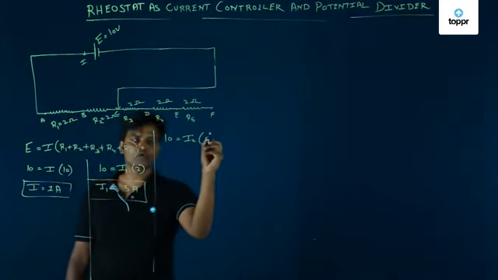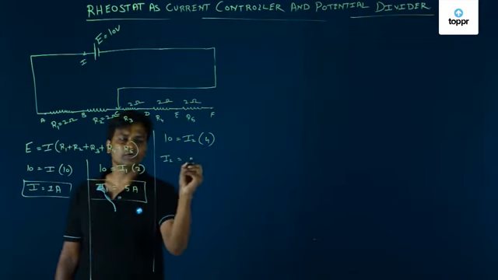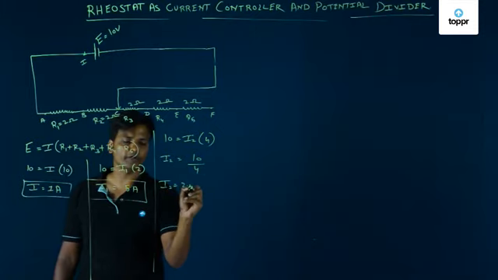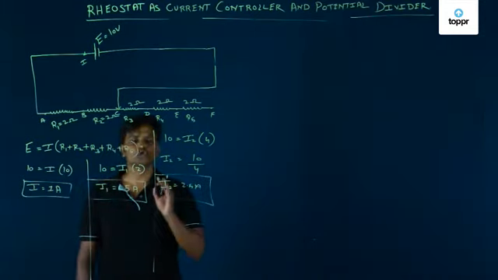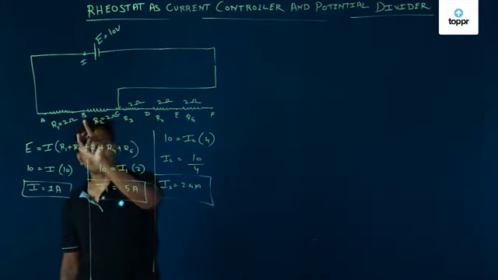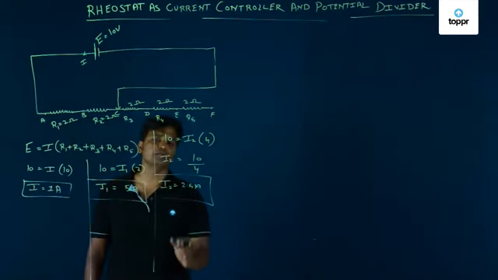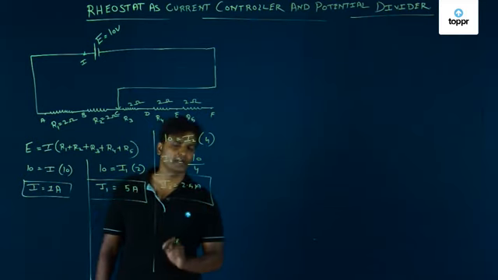So it is nothing but 4 ohm. So I2 is equal to 10 by 4. So I2 this time is 2.5 ampere. So by connecting at different points, I am getting different values of current, right?